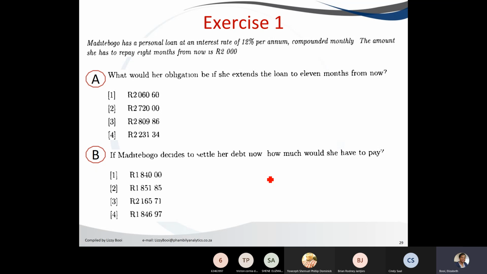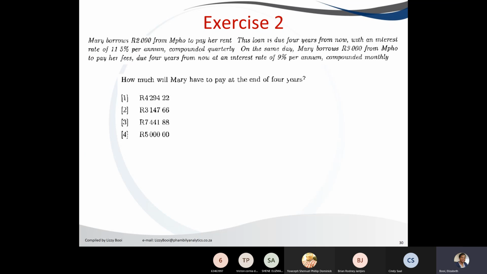And if she decides to settle her debt now, how much would she have to pay back? Then you have to move your money backwards. So the first one, you are still moving your money forward. The second one, you have to move your money backwards. And these are the kind of questions you might get in the exam on time value of money.